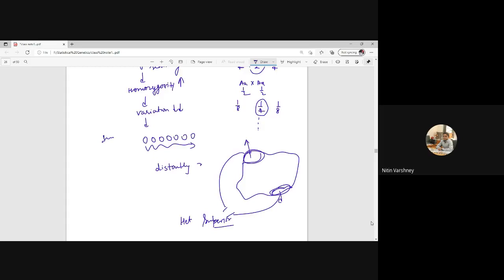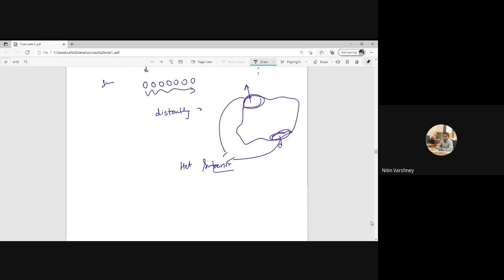If I give a human example, suppose a North Indian man marries a South Indian lady, then there will be hybrid vigor in their children. They will be superior, there will be heterozygous superiority.